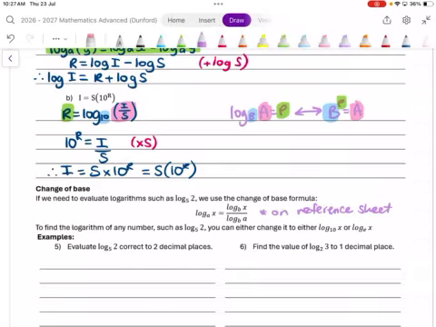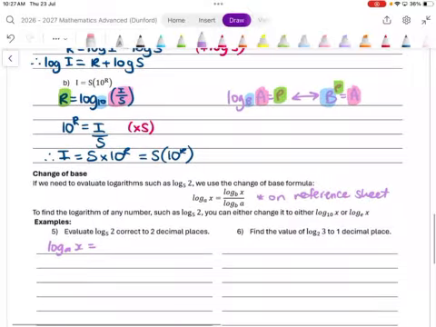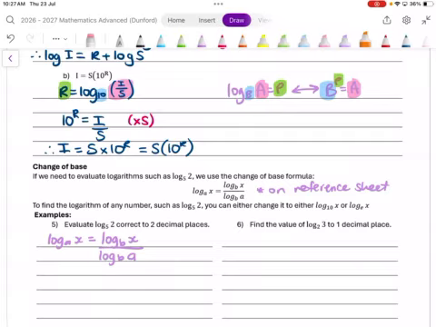So our formula is log base A of x is equal to log base B of x over log base B of A. So B is either going to be 10 or E. It doesn't matter what you use. Our A value is our base. It goes on our bottom for base. Our X value, it is big, so it goes on our numerator.